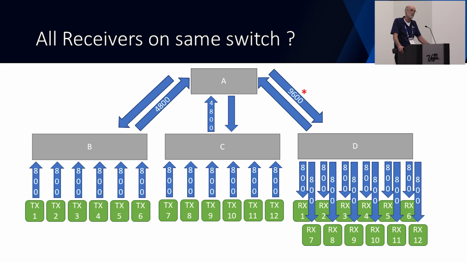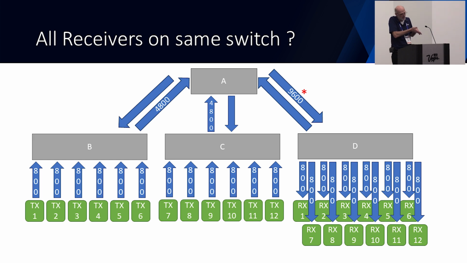But now I have lots of transmitters. I have 6 transmitters on switch B and 6 of them on switch C. And all my receivers are receiving these signals on switch D. So my transmitters on B need an interconnect.